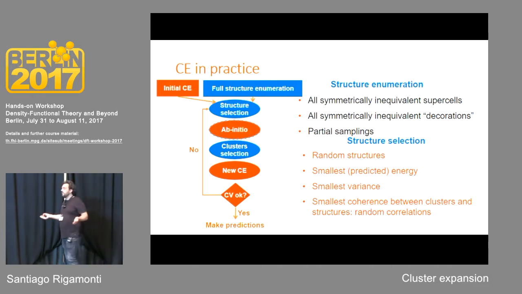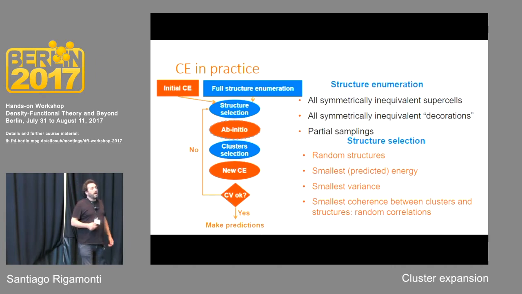So of a huge number of structures, you have to say for which of them you will perform ab initio calculations. One possibility is that I just pick some structures randomly. Another is that you have some initial cluster expansion, so you can calculate the predicted energy for all of them and pick the ones that are lowest in energy if you are interested in ground states.